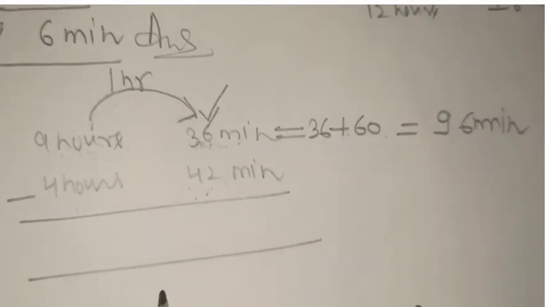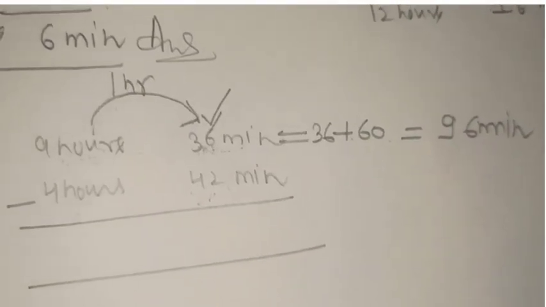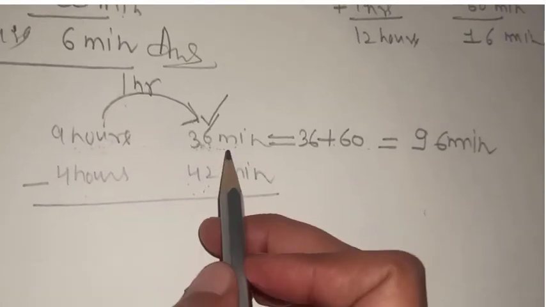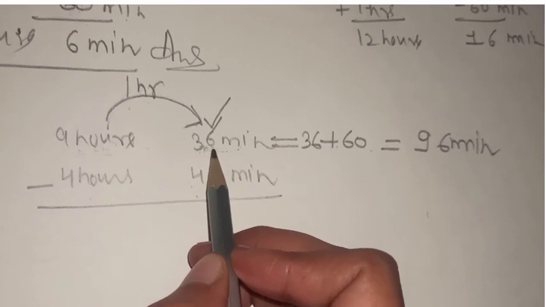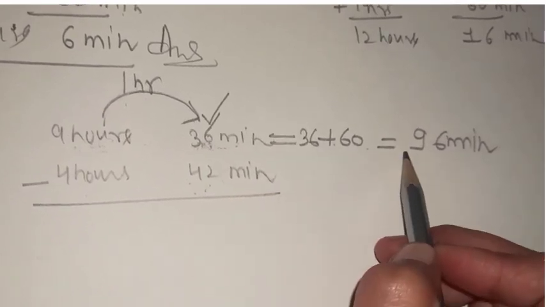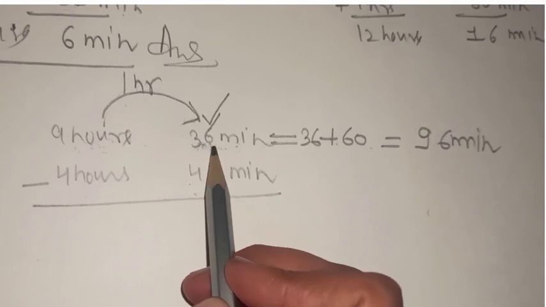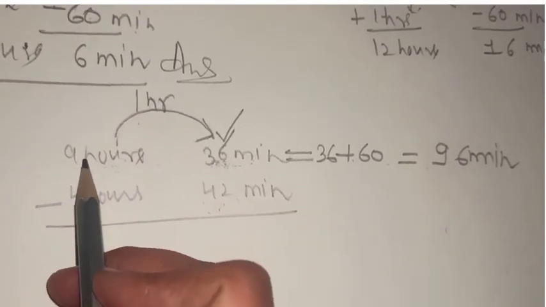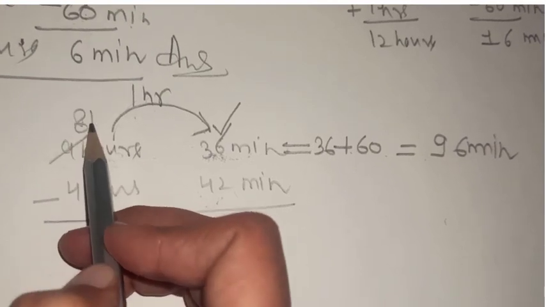So the question will be a bit different now. Why? Because it has taken a carry, so it became 96 minutes. Because 60 is added here and it has given the carry, so it is less now. It became 8 hours.